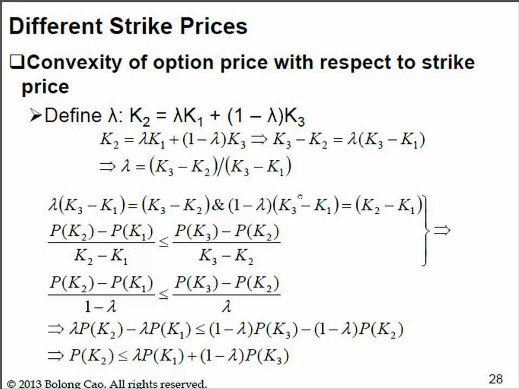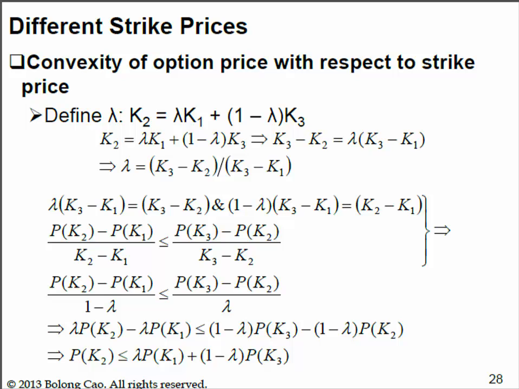And with similar manipulation, we can get K2 minus K1 is actually (1 minus lambda) times (K3 minus K1). So how far K1 is from K2 is a 1 minus lambda portion of the total gap between K3 and K1. Now we have expressions of K2 minus K1 and K3 minus K2 as portions of K3 minus K1.